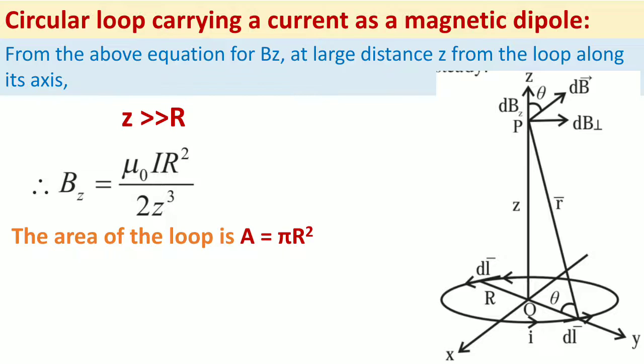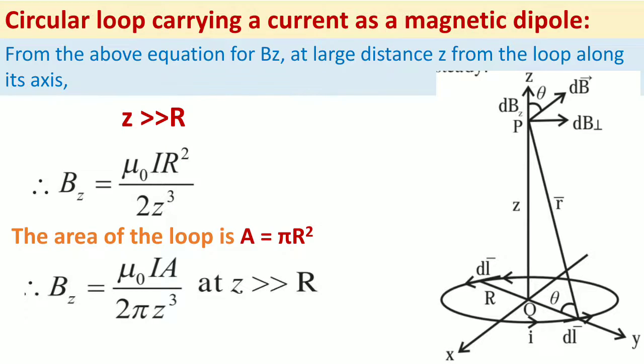Area is pi r square, but in the above equation we have I r square only. So what we can do is multiply and divide it by pi.